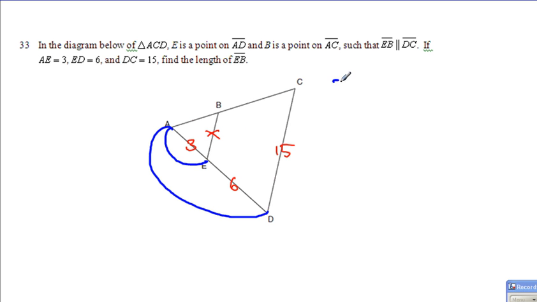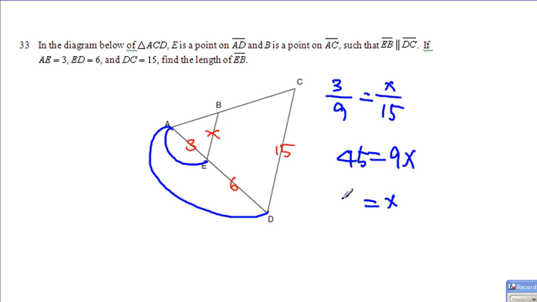And here, that ratio, 3 to 9, that must be the same as x over 15, because x is a small portion and 15 is from the big triangle. So we end up getting, by cross multiplication, that x is equal to 5. Which is equal to EB is equal to 5.